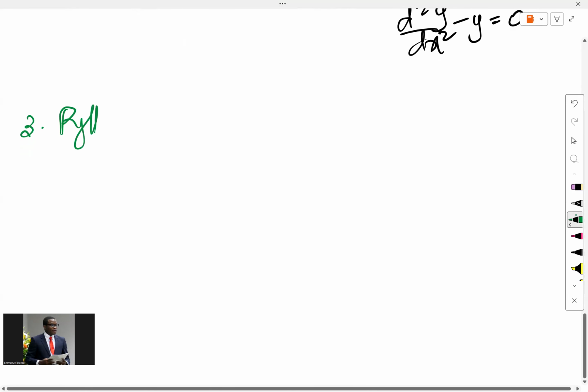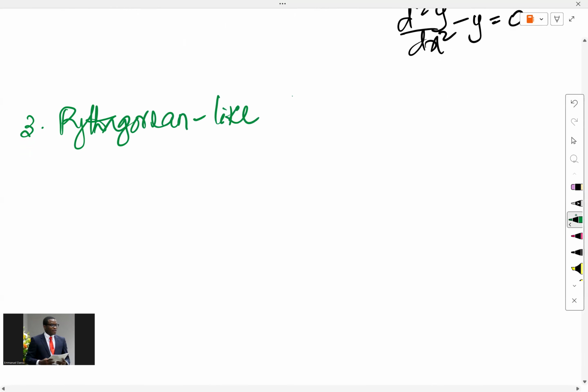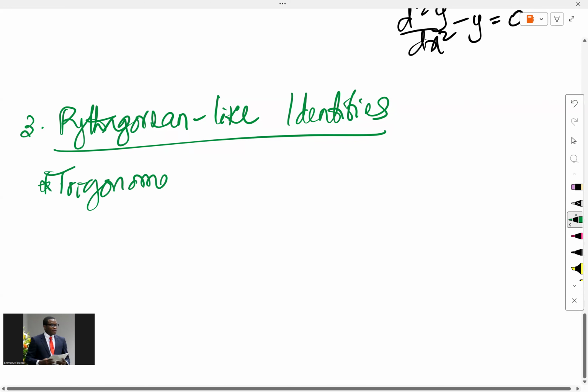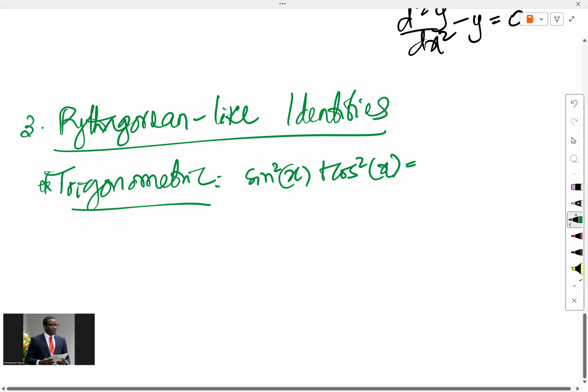Okay. So next, I think we've talked about this a couple of times. They have Pythagorean-like identities. For trigonometric functions, for instance, you have sine squared x plus cos squared x is equal to 1.